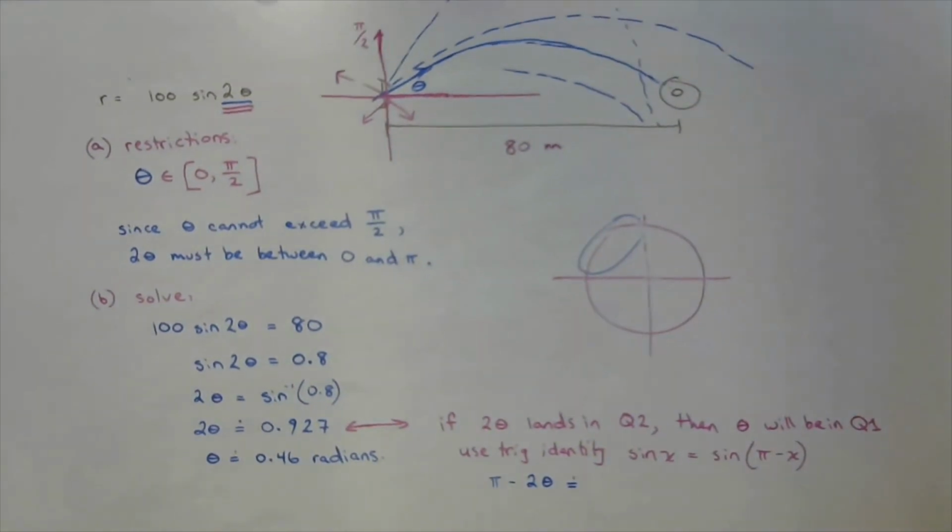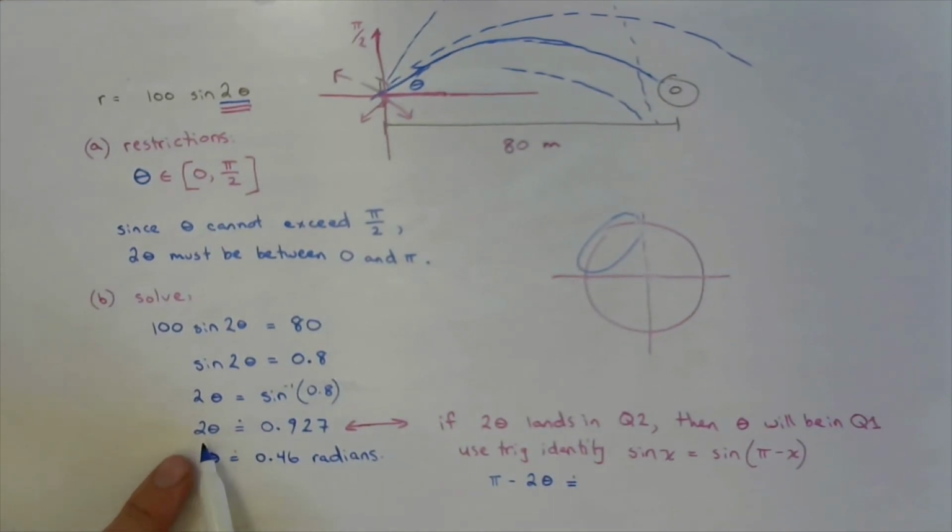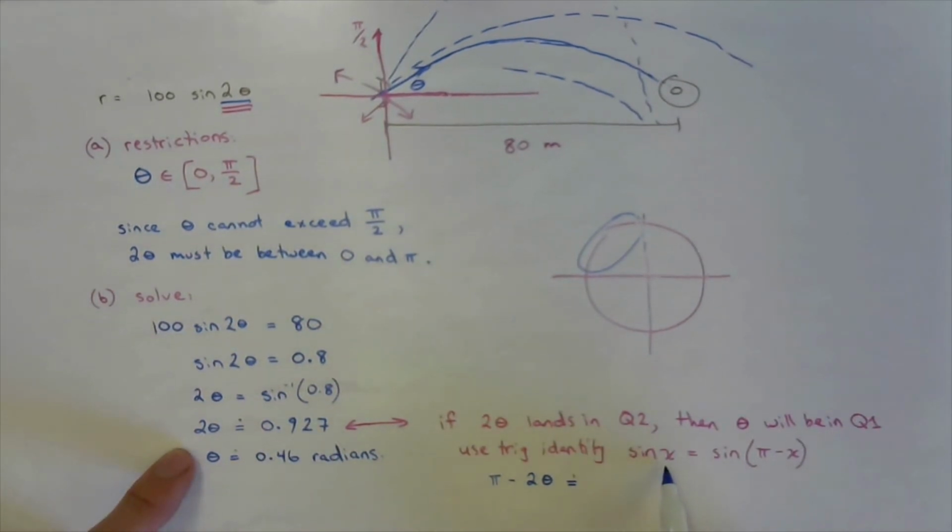If the sine of 2 theta equals 0.927, and that's kind of like this guy right here, then that means that the sine of pi minus x also equals 0.927.